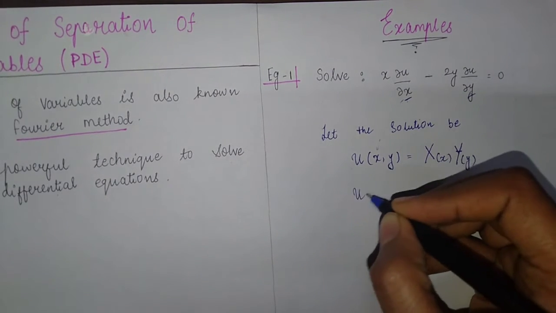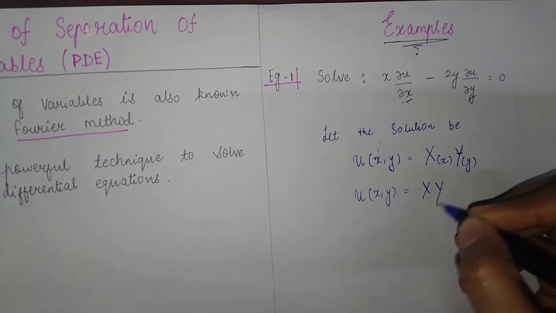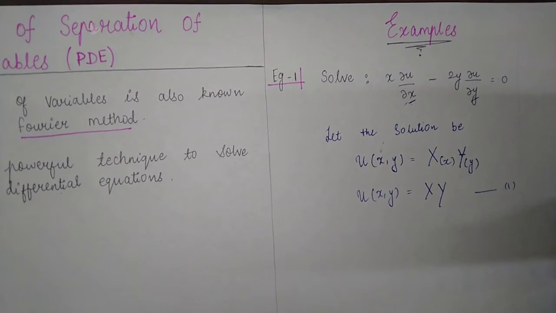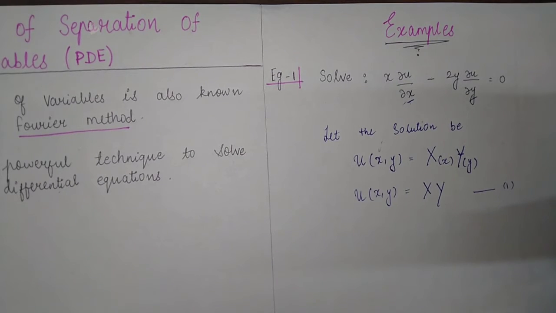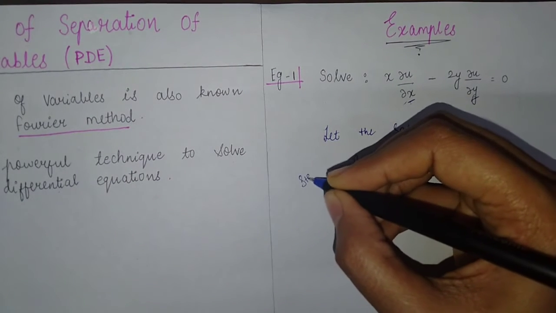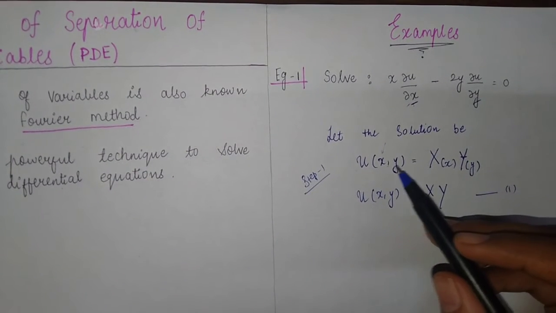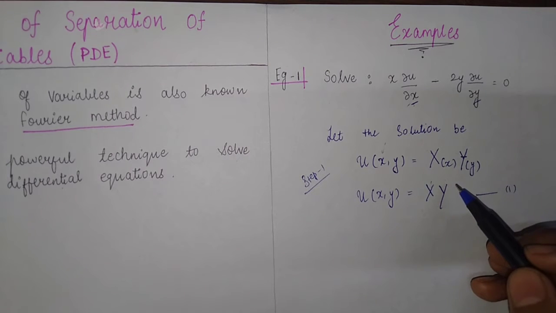So finally u(x, y) is nothing but X into Y. This is our equation 1. In each and every example, your step 1 will be like this. If it was t comma m, then we would get capital T into capital M.